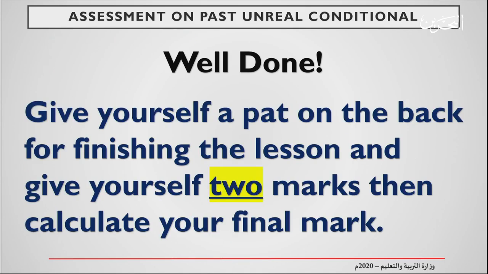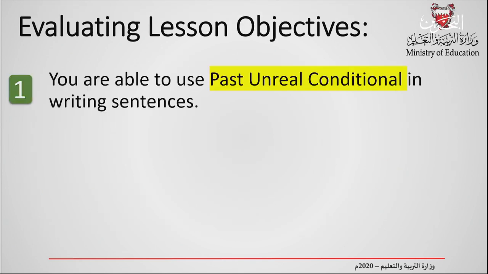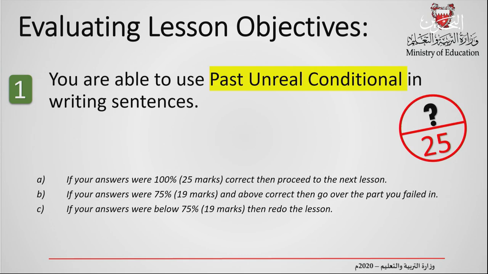Well done. Give yourself a pat on the back for finishing the lesson, plus 2 marks, and calculate your final mark. Evaluating lesson objectives. Now, you are able to use past unreal conditional writing sentences, and you have a mark of 25.